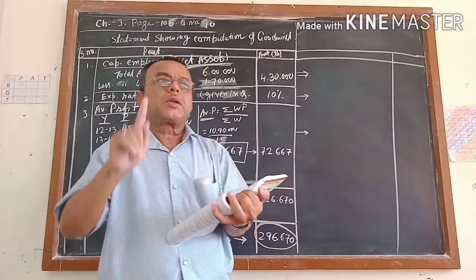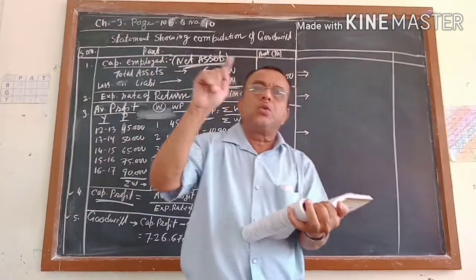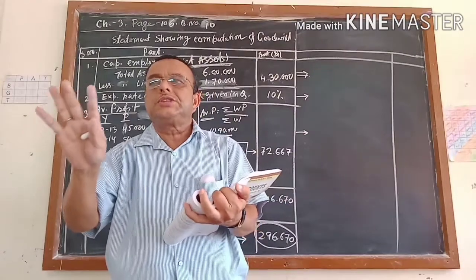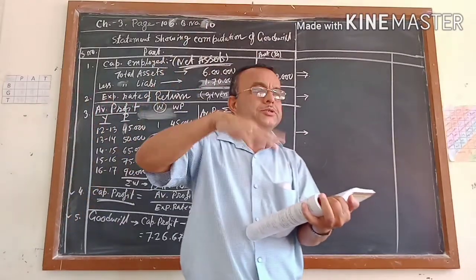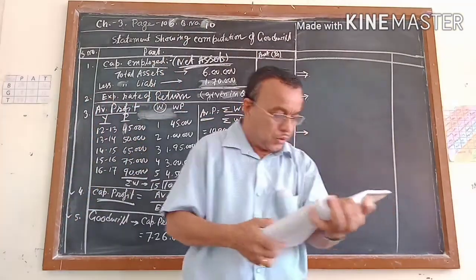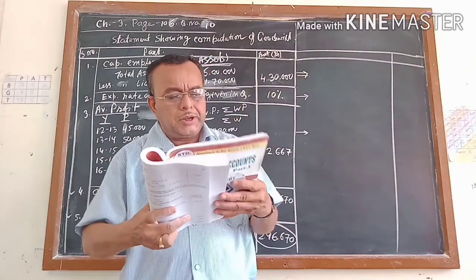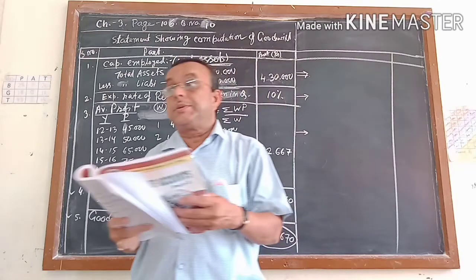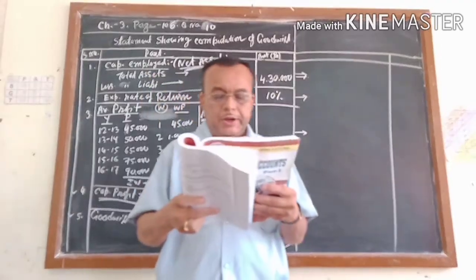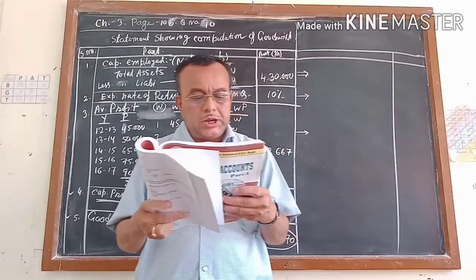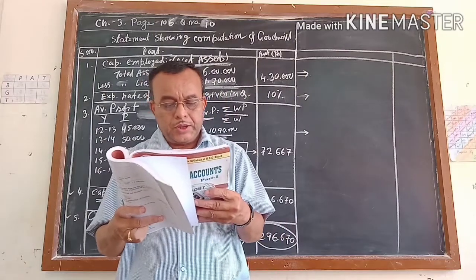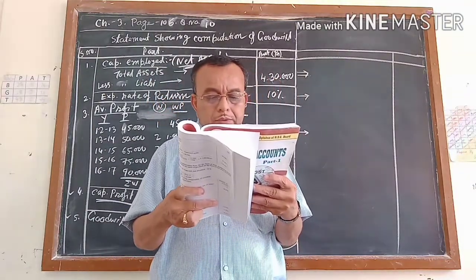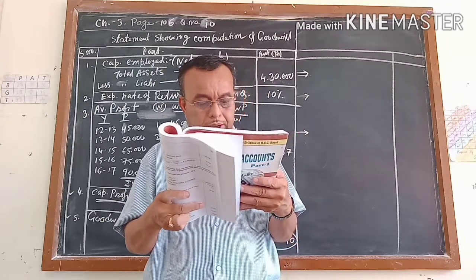Six steps, you have multiplied goodwill into numbers of years purchased, but here we will change the sixth step. So all five steps from the third method we will follow. The question is given: capital employed 9 lakh, expected rate of return 12%, last 5 years profit 1 lakh, 1 lakh 40, 1 lakh 30, 1 lakh 50 and 1 lakh 80.